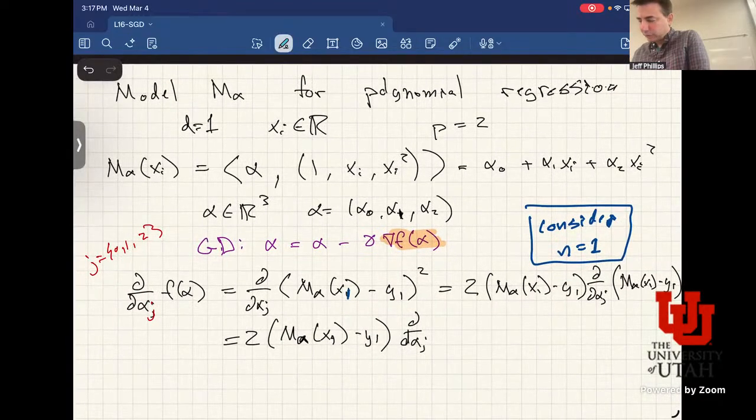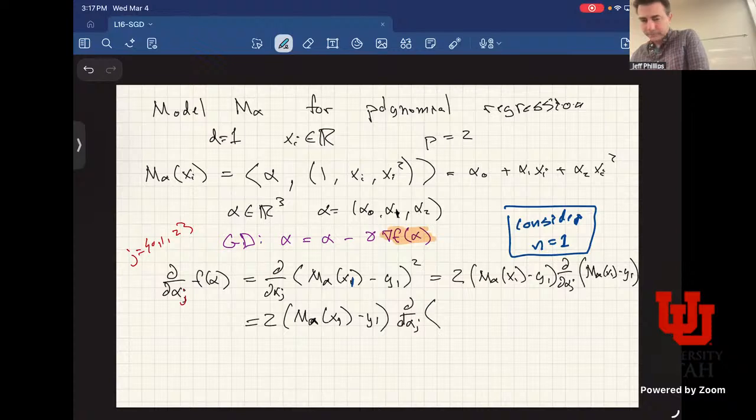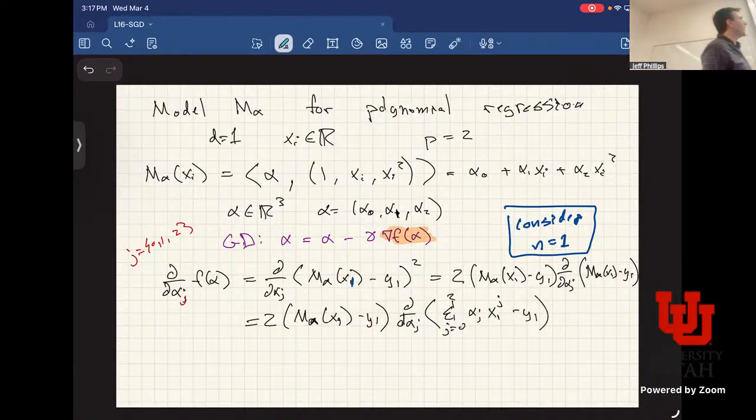This function is going to be the sum over j equals 0 to 2 alpha j times x1 to the power j minus y1. Right, so now I've expanded what the model is. I've written it as just this sum here. And now I need to take the derivative of that with respect to alpha j.